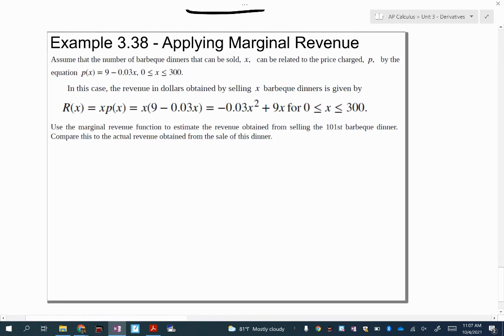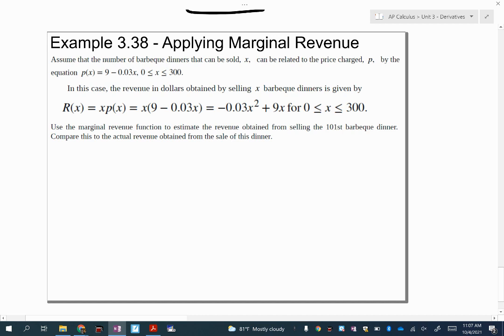We have a number of barbecue dinners that can be sold, X, so any number, related to the price P by the equation P of X, the price that we're going to assign to the dinners, is 9 minus 0.03 times the number that we sell, where X is between 0 and 300 dinners.